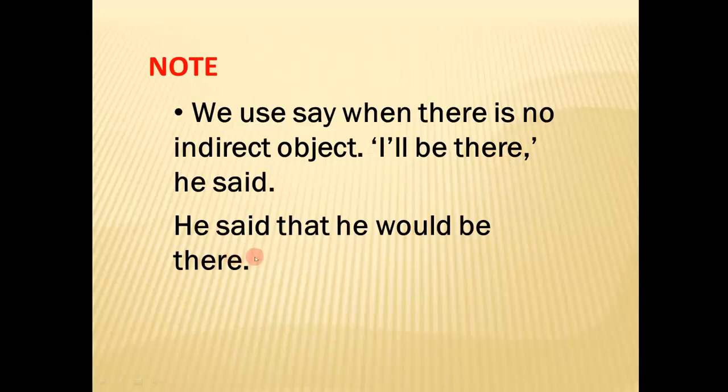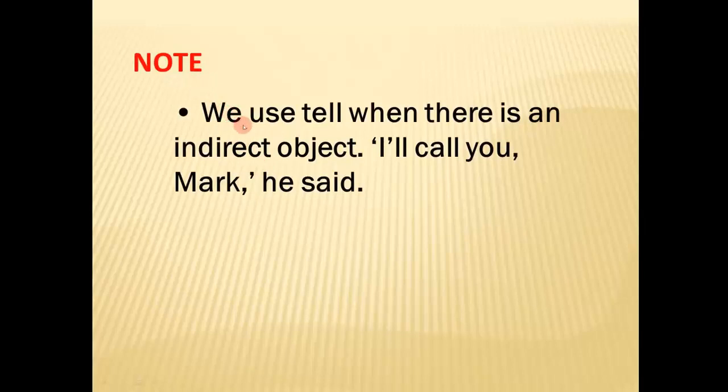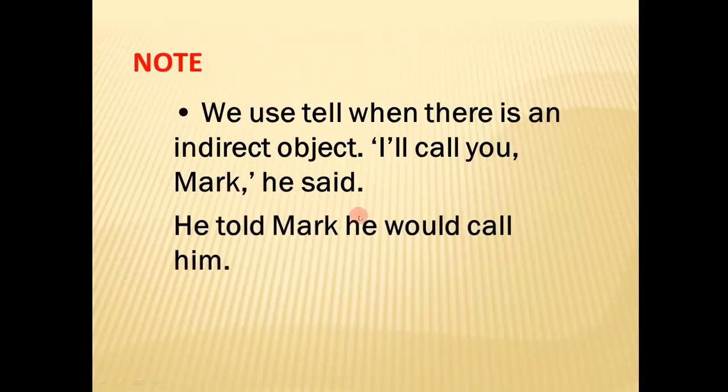There, and complete the sentence. Okay. Note: we use tell when there is an indirect object. "I'll call you, Mark," he said. We have here an indirect object. He told Mark he would call him. We use told.